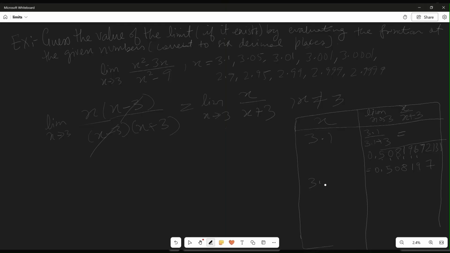For 3.05, the limit is equal to 0.504132. For 3.01, 0.